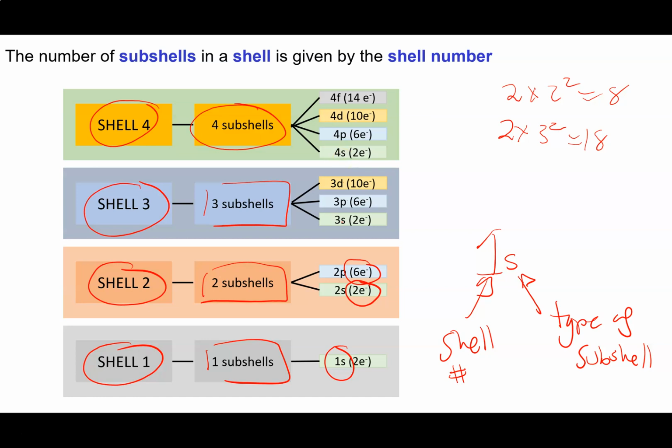And that has, what have we got there? 2, 8, 18, 32, right? And 2 times 4 squared gives me my 32. All right, so that's it. Now, beyond shell 5, shell 6, shell 7, we never go beyond 4 subshells, so we don't have to worry about 5 subshells or 6 subshells, etc.